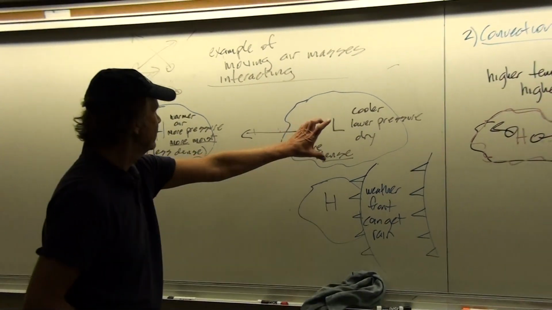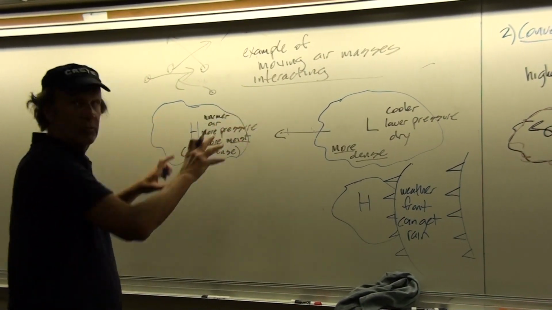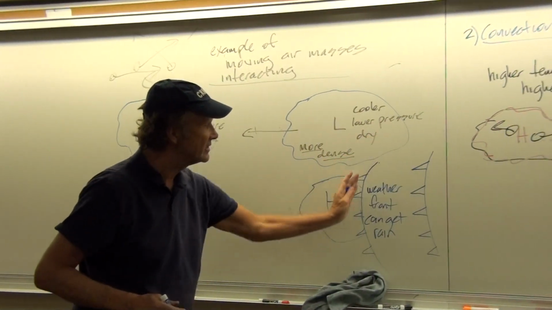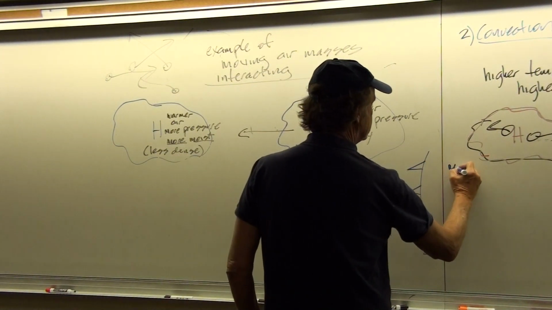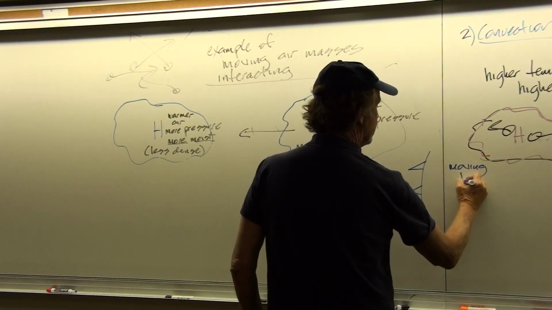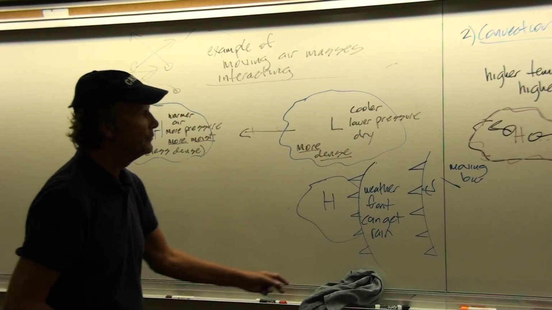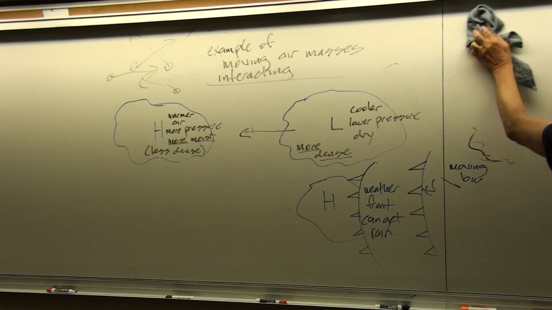Well, as the low moves into the high, let's take a look at what's actually happening with the masses. So instead of looking at it from a top view that's kind of symbolic here of this moving low, with a little jagged teeth on it, we'll instead look from a side view.